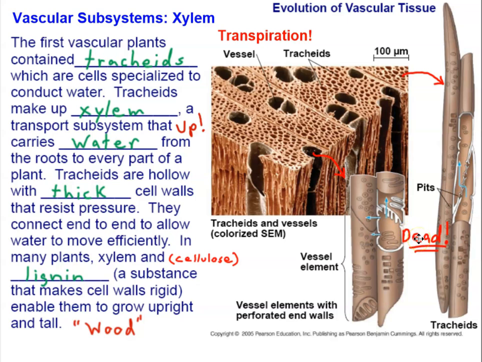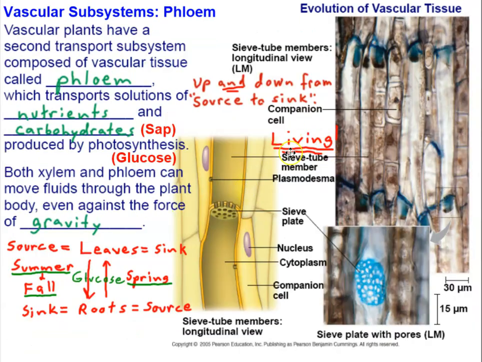And I'm pointing those out again because that's how you want to contrast it with the other vascular subsystem, which is known as phloem. Phloem is living, and it transports sap, which contains dissolved sugars, carbohydrates, glucose, every which way in the plant, any direction that it needs to go. So both up and down and sideways, from what we call the source to the sink.